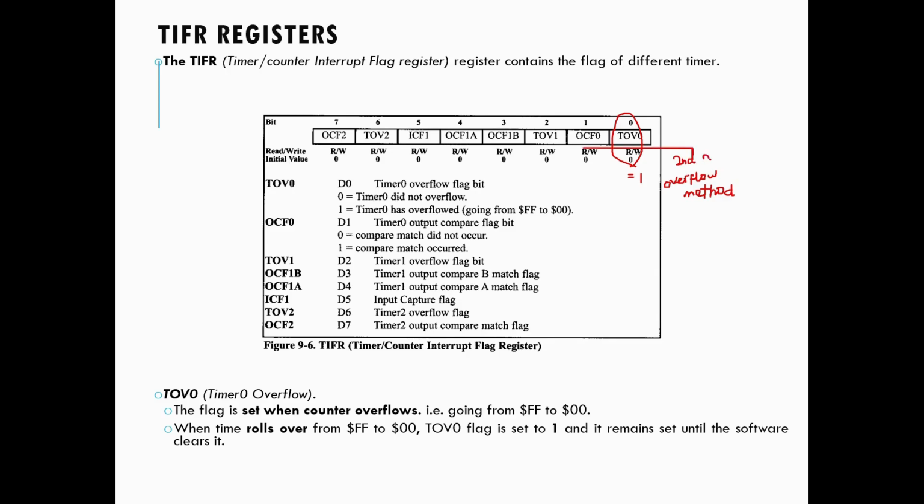If the TOV flag is 0, that means it is the CTC mode.